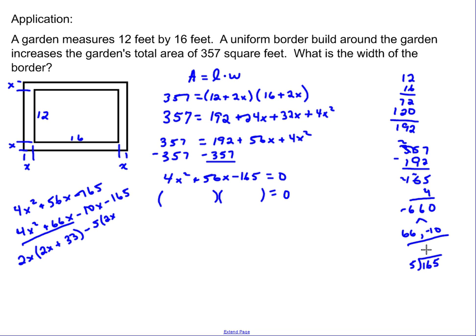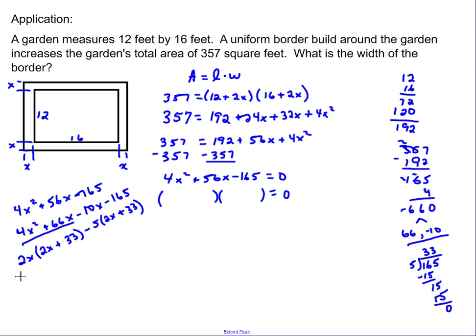5 goes into 16 3 times. That gives me 15. Subtract away the 15, that gives us 15 again. 33, that divides evenly, leaving us with a remainder of 0. So that's minus 5 times 2x plus 33 this time.